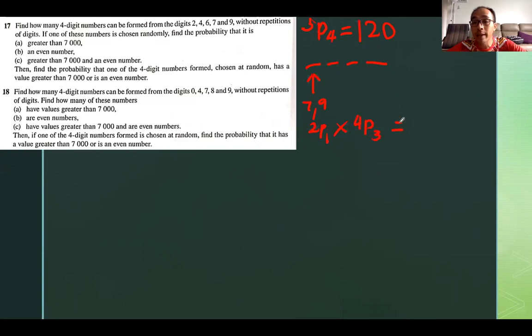So it's 2P1 times 4P3, which is 48. So the probability of this happening is 48 over 120, which will give you 0.4.